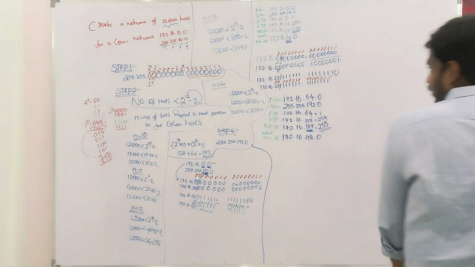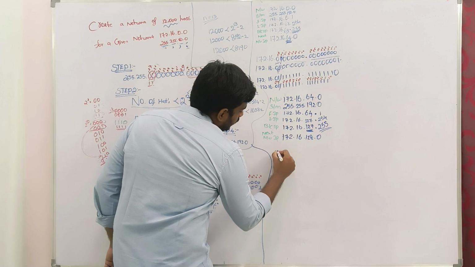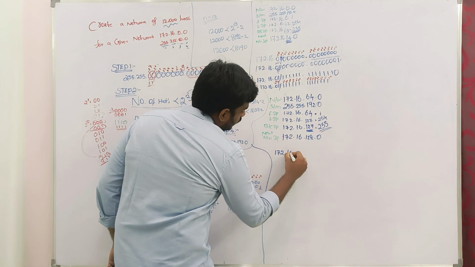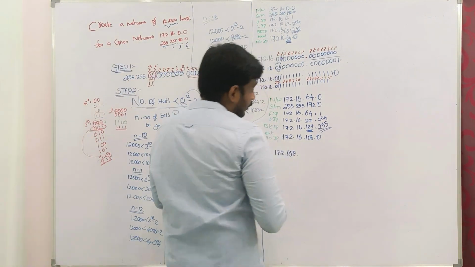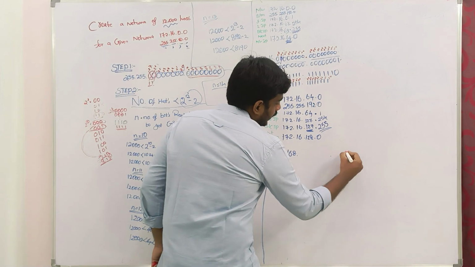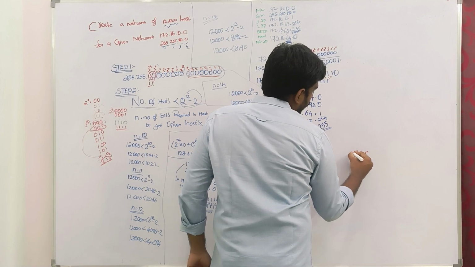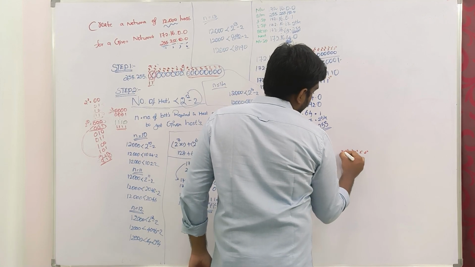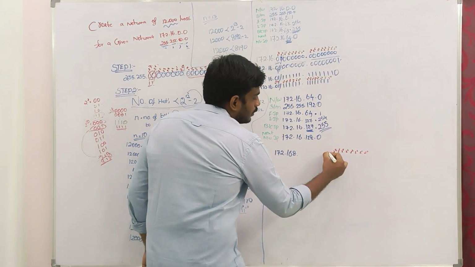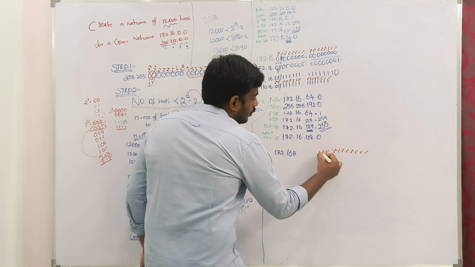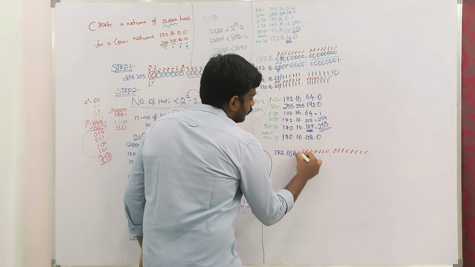Start from here. So 172.16. We have 2 octets of network portion. So first find the fourth octet: 2 power 0, 2 power 1, up to 2 power 7. And go to the third octet, starting from 2 power 0 up to 2 power 7.